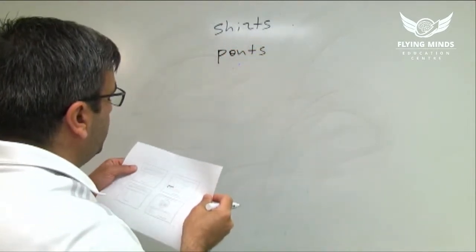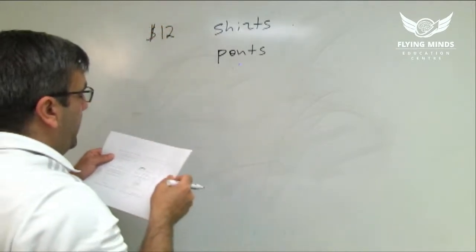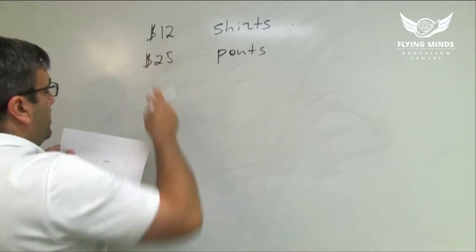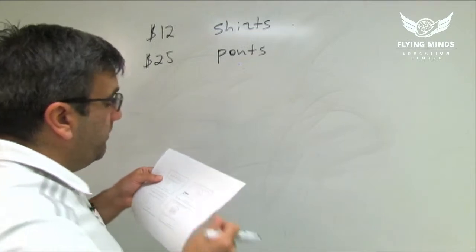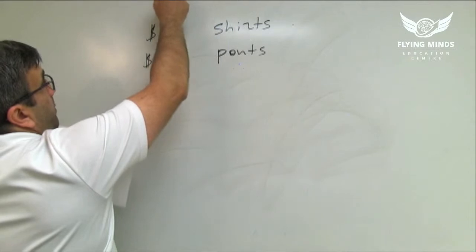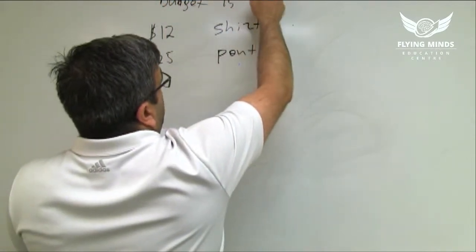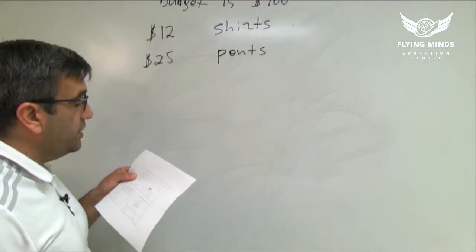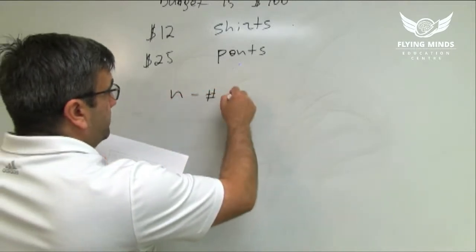Right, so shirts cost $12 and pants $25. Right, so we need to figure out to build inequality given the budget. Budget is $100. So how many shirts she can buy? Number of shirts.